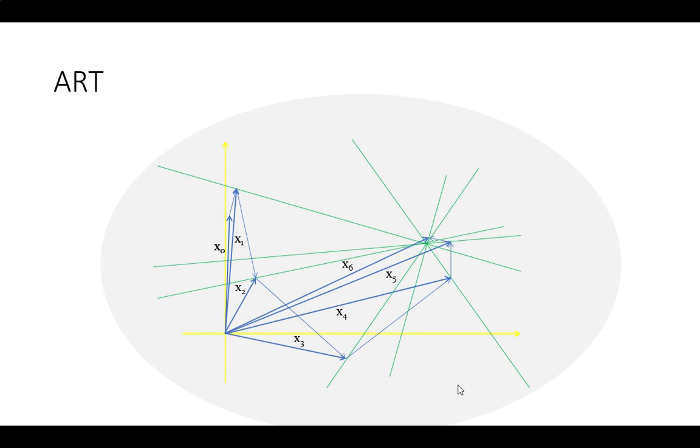Whereas from x2 to x3, or from x3 to x4, there were big changes because we had a larger angle. And if I had gone from 3 to, say, this one, that would potentially be a bigger jump.